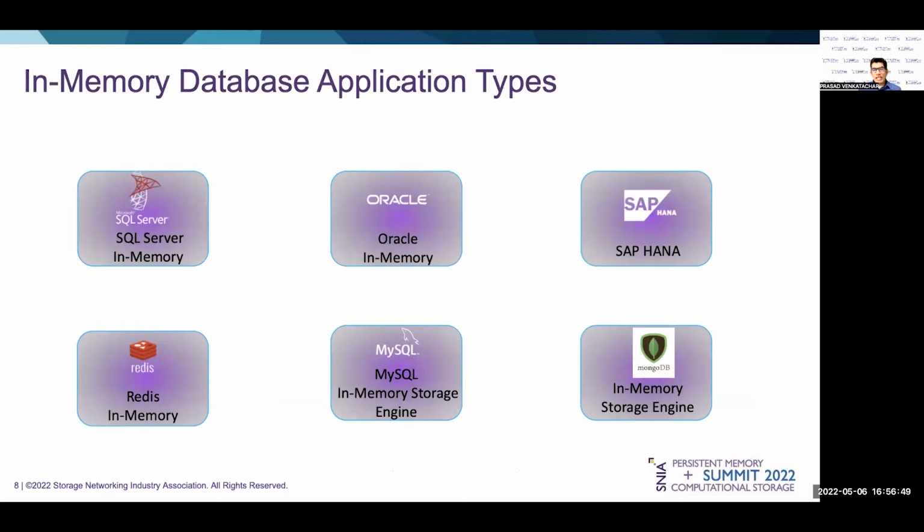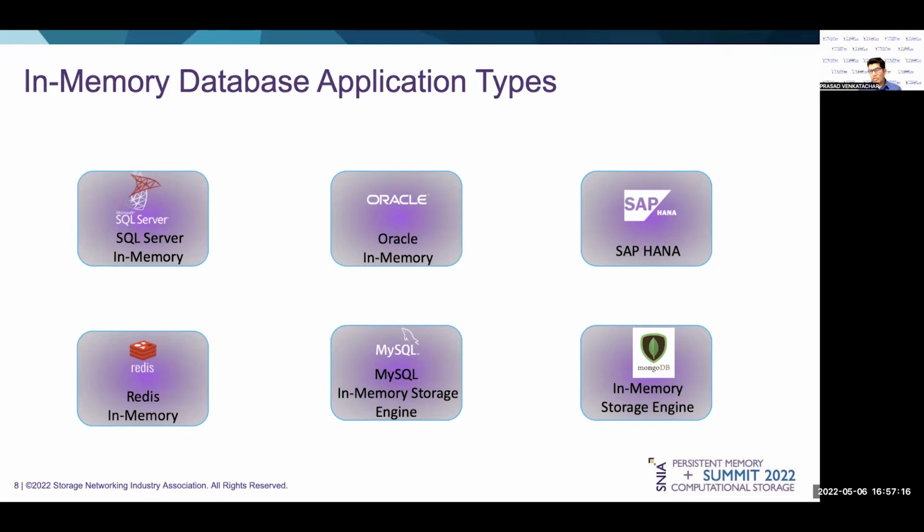There are several in-memory database applications which could help. There are traditional relational databases, starting from SQL Server in-memory, Hekaton, and Oracle in-memory. There is SAP HANA, built from the ground up for everything in-memory with columnar storage. And there is Redis, one of the popular NoSQL in-memory databases.